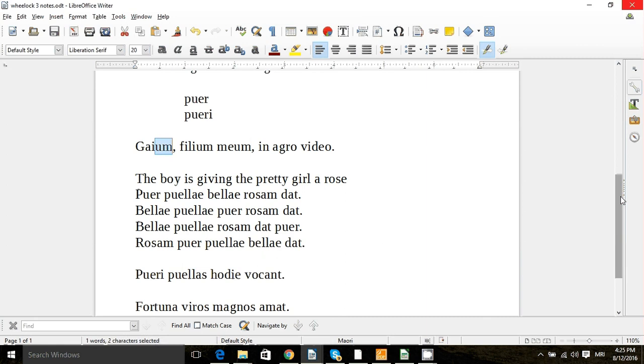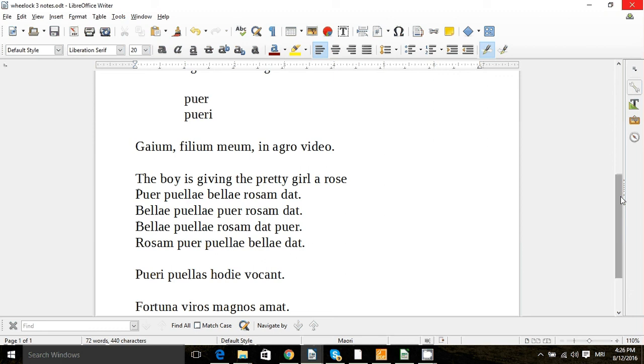It's the object of the verb. It's the thing that I am seeing. I see Gaius, my son, filium meum. That's also going to be accusative because it's simply referring to Gaium, right? So they're all referring to the same thing. So of course they take the same case. All right, very good.